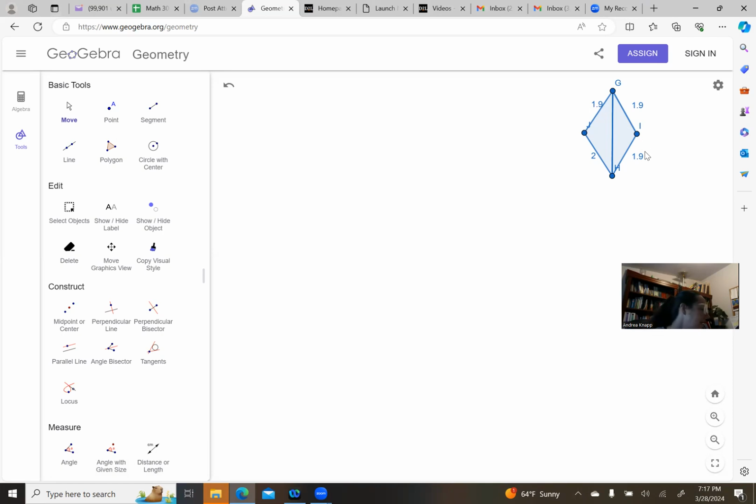And now I need to come up with another kite that is not congruent to the first, but whose sides are congruent. So what I want to do is take this diagonal and I'm going to just shorten it slightly. And then drag and get side lengths that are 1.9 again, as close as I can get it.